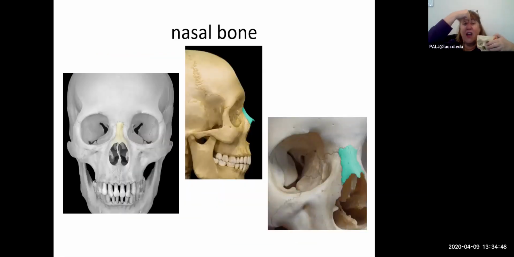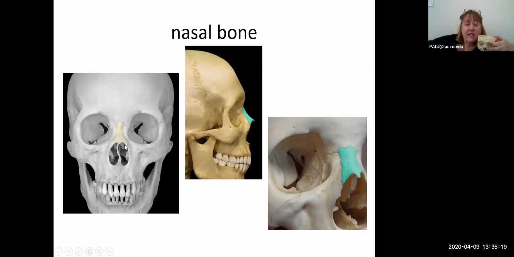For the nasal bone, you have to go right here, between your eye sockets up high. And we have these tiny little nasal bones. So when people say they broke their nose, sometimes they mean the nasal bones, but oftentimes they may mean the perpendicular plate of the ethmoid bone or the vomer, and not way up here, because this is much more solid and held in place, whereas down below.